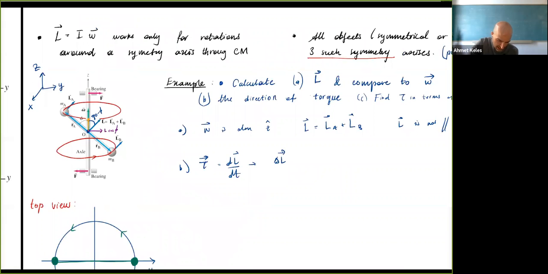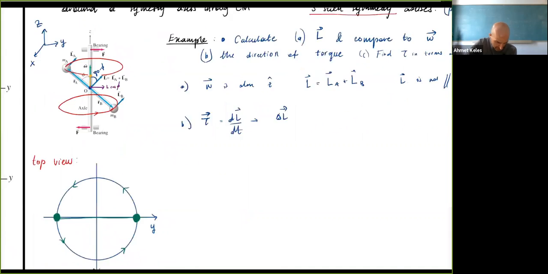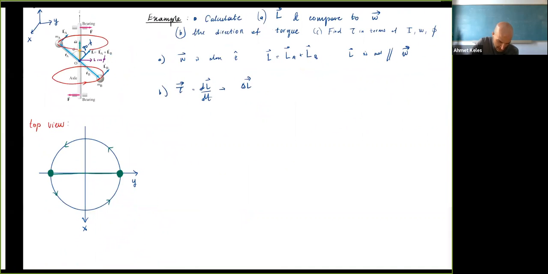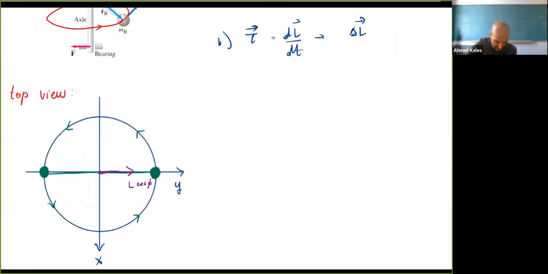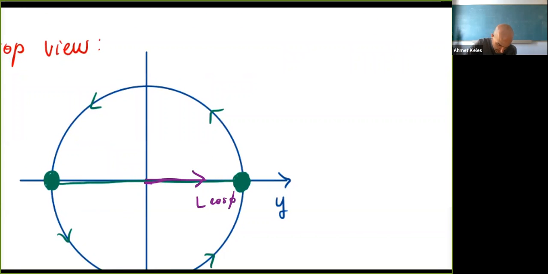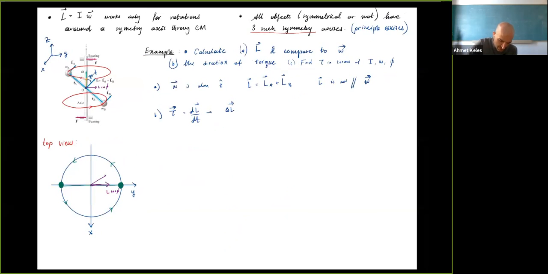So let's now look at this figure from top. If you do this, here's what you see. This purple is going to be something like this, and its magnitude is L times cosine phi. That's what we found. Now, a little bit of time later, this purple component is going to tilt because these guys are rotating.